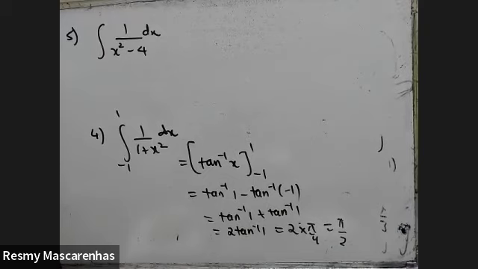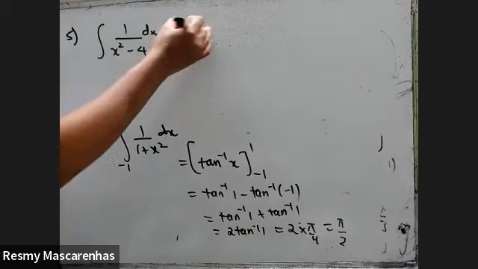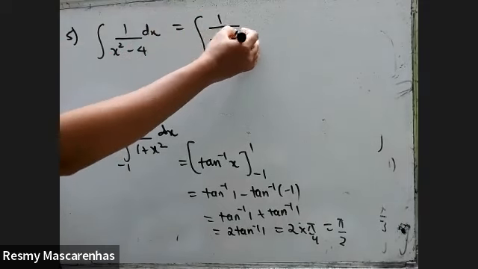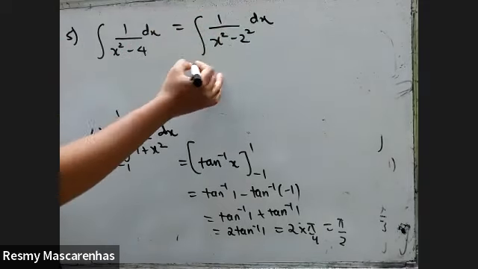Yes, the 1 upon x square minus a square form. So you have to write it as x square minus a square, then apply the formula.